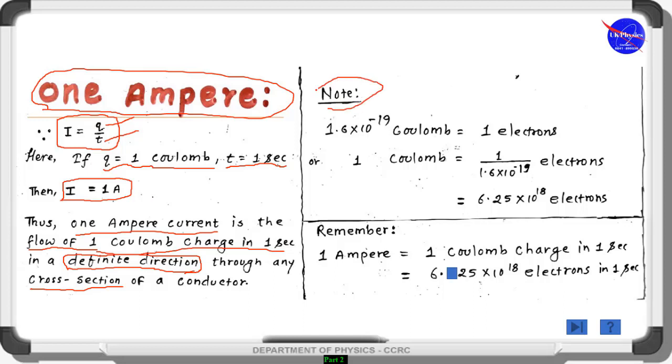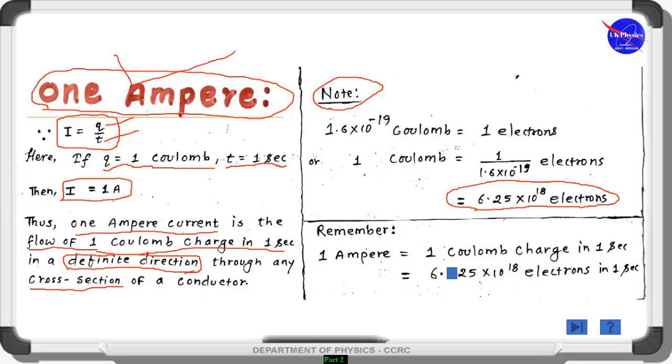Now here are some notes, that means some key points related to 1 ampere current. We know that 1.6 into 10 to the power minus 19 coulomb equals 1 electron. From the unitary method, 1 coulomb consists of 6.25 into 10 to the power 18 electrons. This is important.